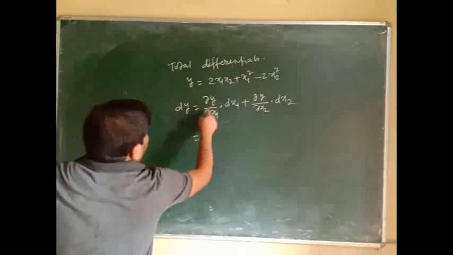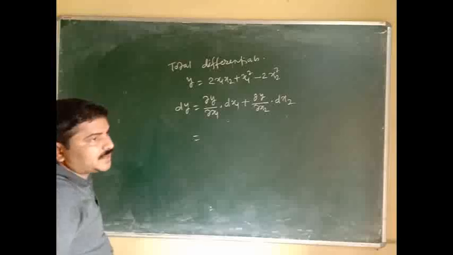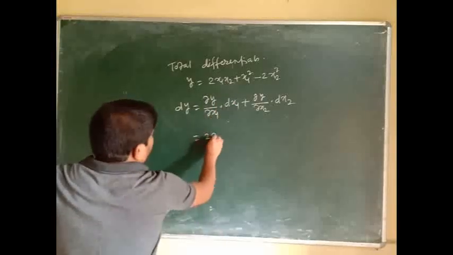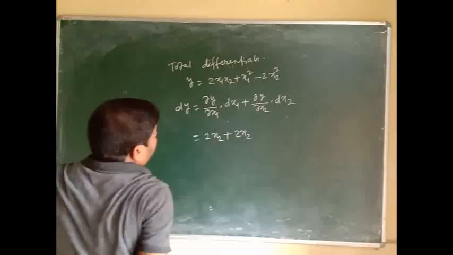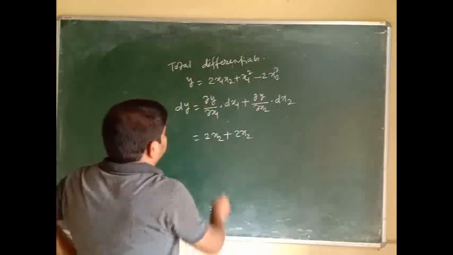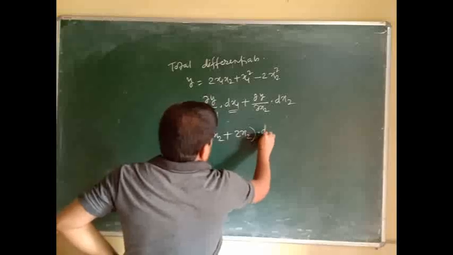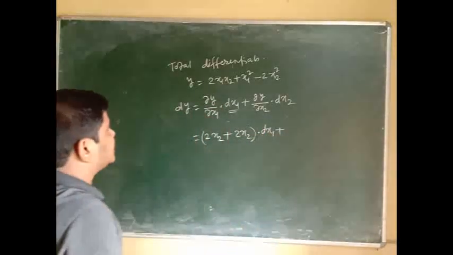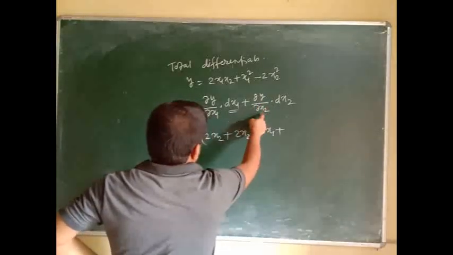So our del y by del x1 is y differentiated with respect to x1. From that we have 2x2 plus 2x1, and the x2 square part will vanish when differentiating with respect to x1. So 2x2 plus 2x1 into dx1, plus y differentiated with respect to x2.